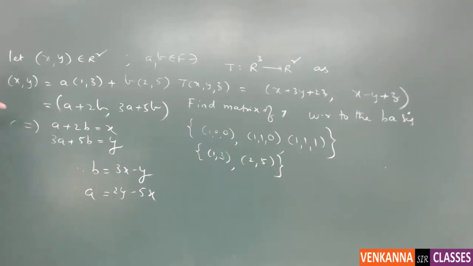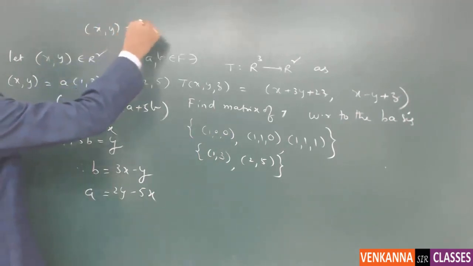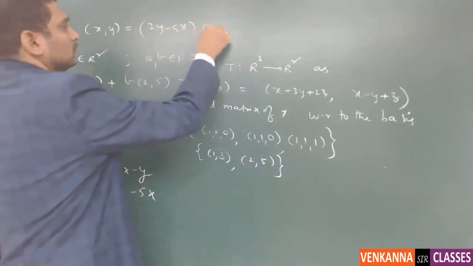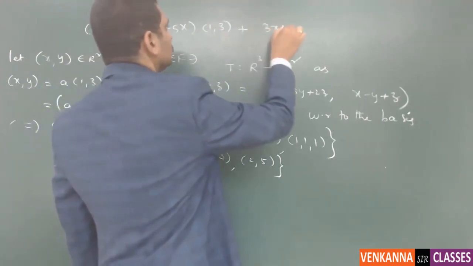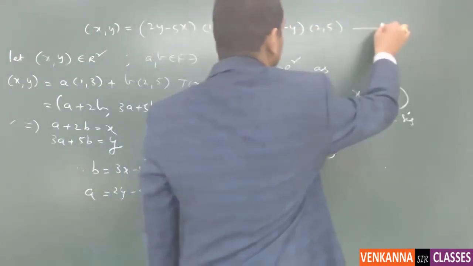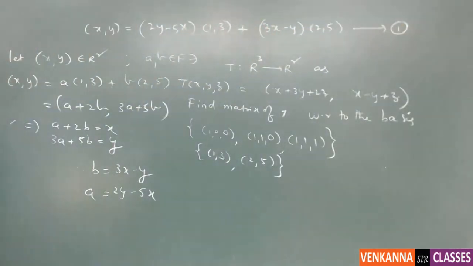So if you have written the linear combination, it will come like this. So this is step 1 in which I got the linear combination.